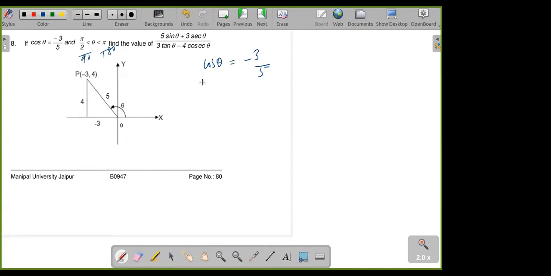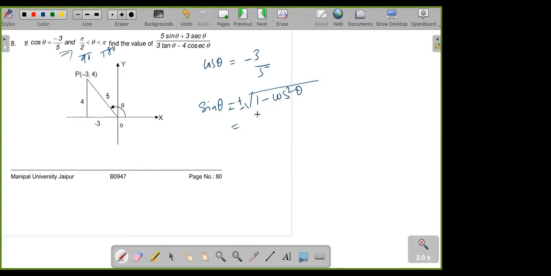Sine theta. Is there any formula for sine theta? We can convert by the Pythagoras theorem, or from a formula also. But one thing to note here is that it can be plus or minus. So we will put both signs, and according to the condition we will decide later.